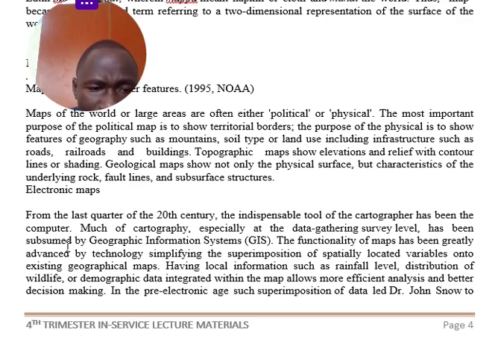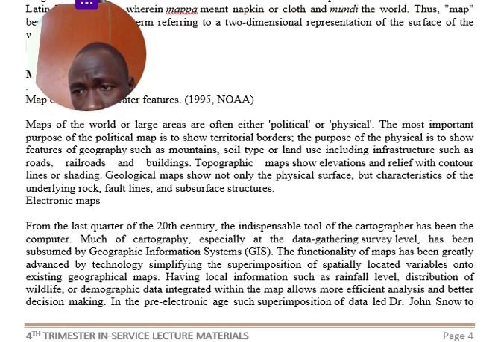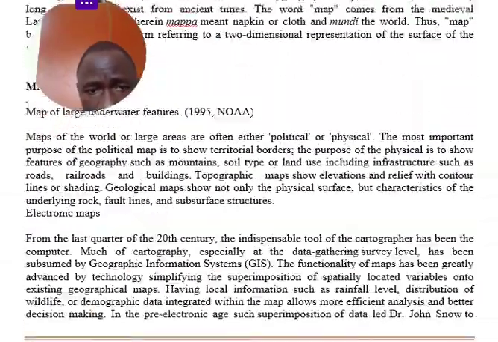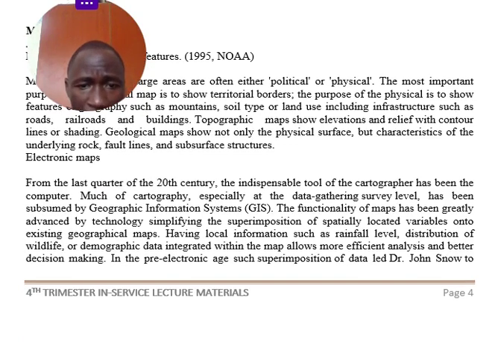When you talk about the electronic maps, these ones were developed from the late quarter of the 19th century or the 20th century. These ones deal with how people like cartographers, people that study GIS, geographical information technology, use global positioning systems, and they embrace the idea of using software.